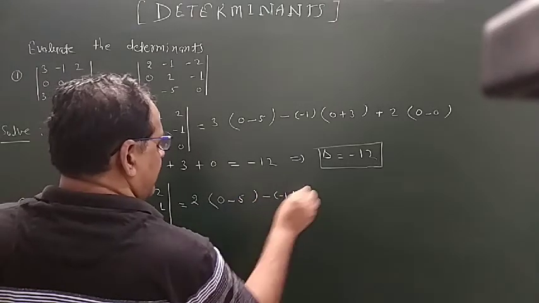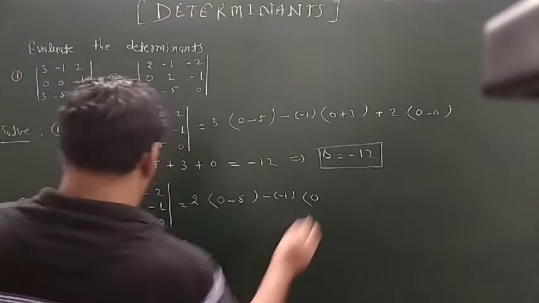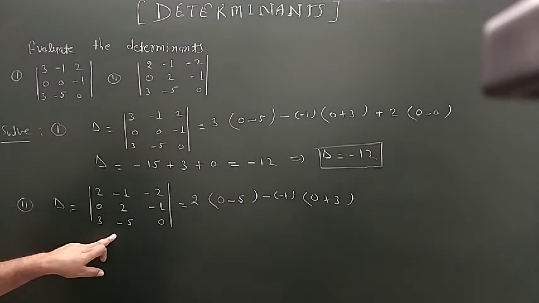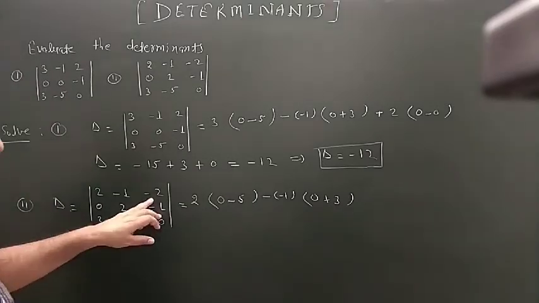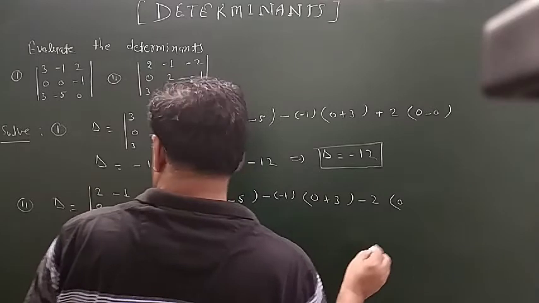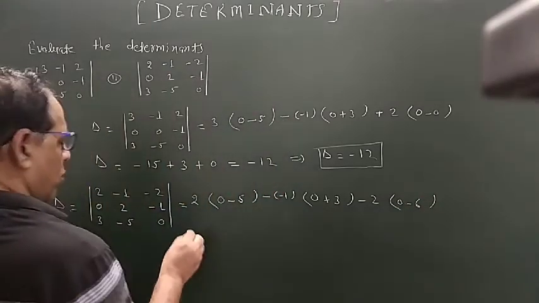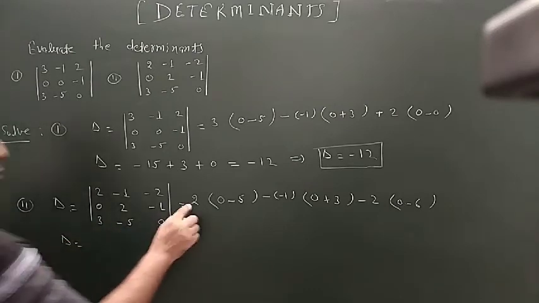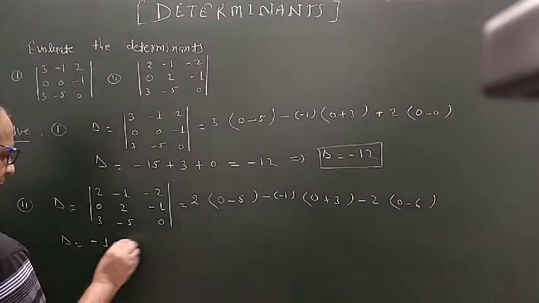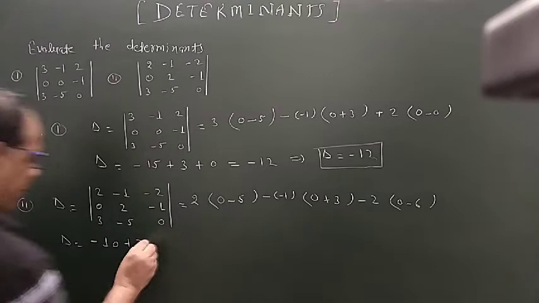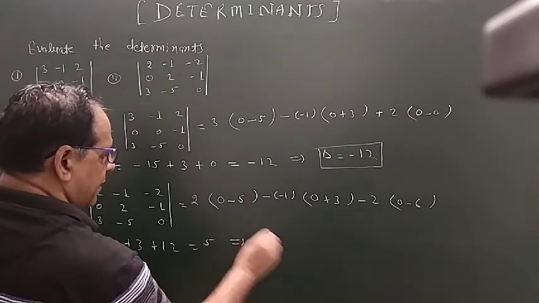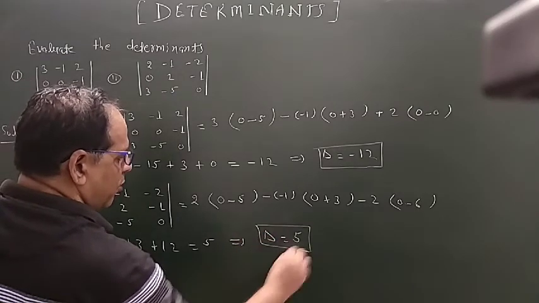Again minus 1, 0 multiplied with 0 is 0, plus 3, again plus 3. And now minus 2 is outside, so we have 0 into minus 5, 0, minus 6. So again we simplify this: 2 into 5 is 10, minus 10, this is minus plus 3, and here 2 into 6 is 12, plus 12, so 12 plus 3 is 15, minus 10 is 5. So finally del equal to 5. This is the value of the second determinant.